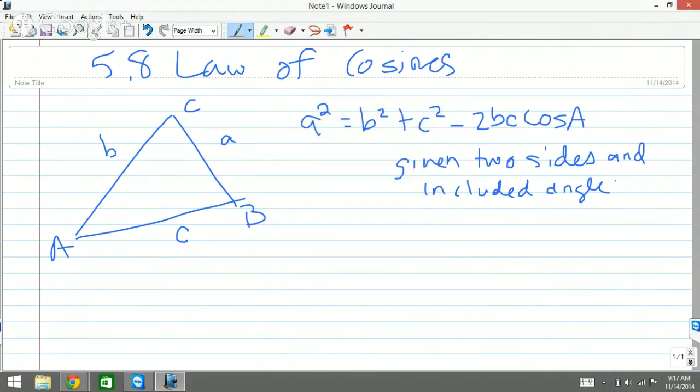So let's say 8, 10, 38 degrees. What's the measurement of A?